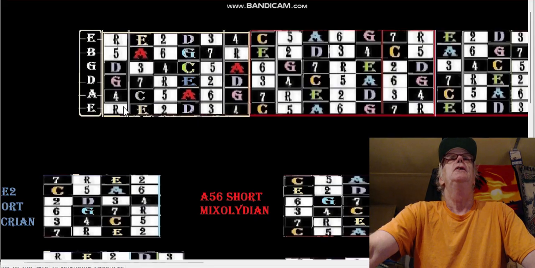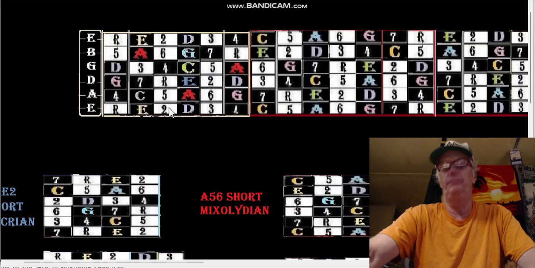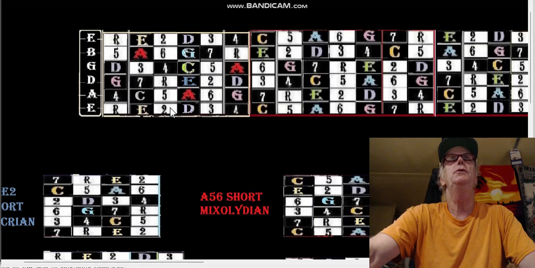So here's root, all right, and then the Dorian would be 2, 4, 6. So we just follow the arpeggio, 2, 4, 6, 2, 4, 6.